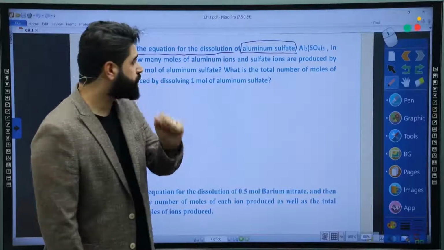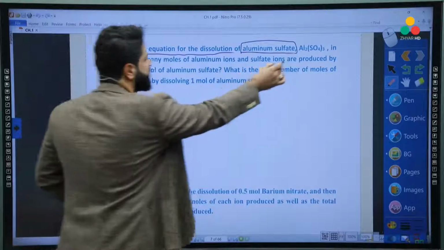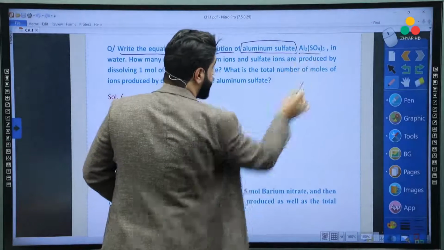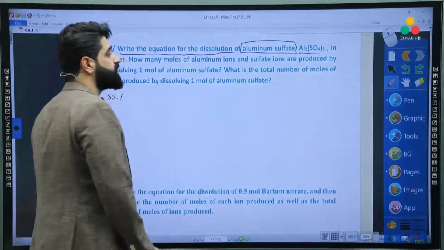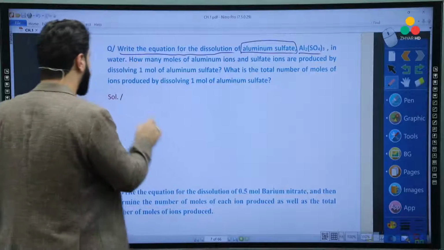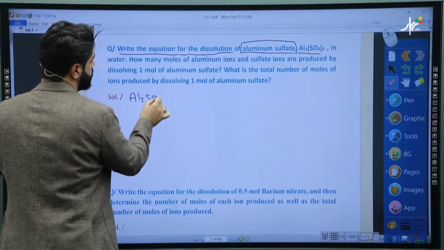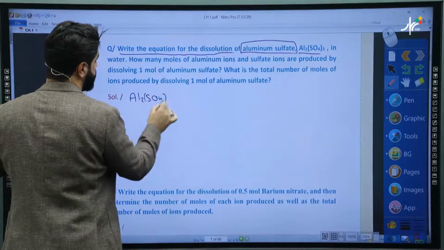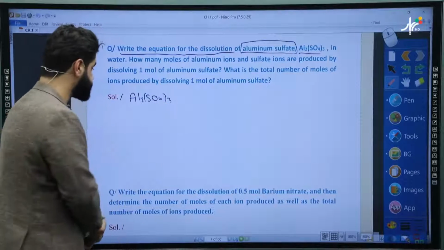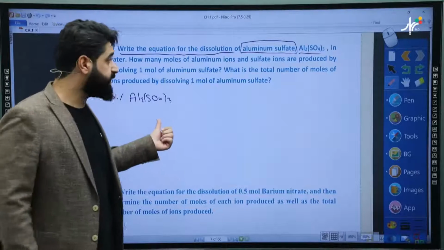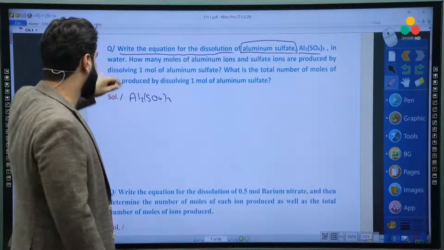The formula is very important. Luckily, aluminum sulfate gives us the formula, Al2(SO4)3. This is aluminum sulfate.